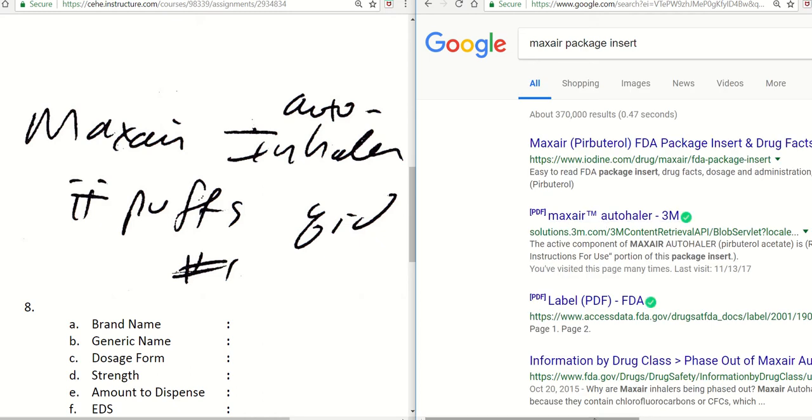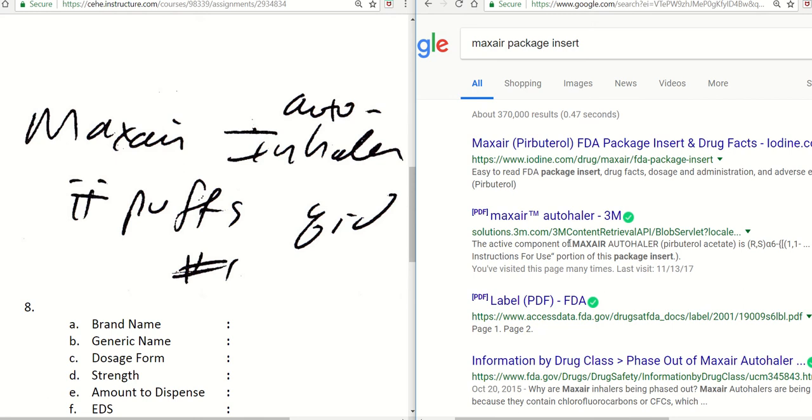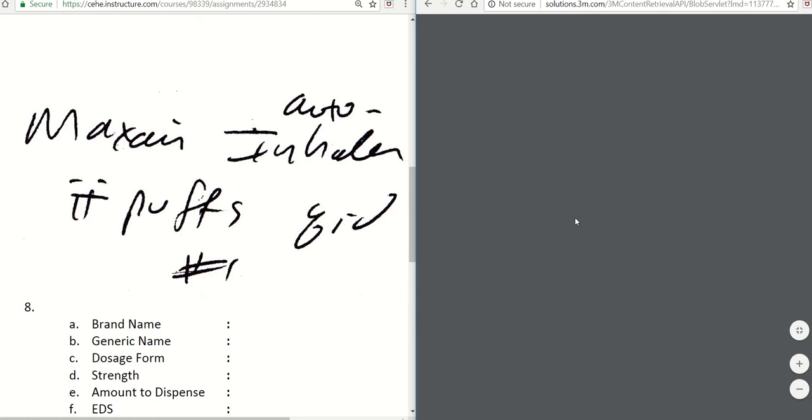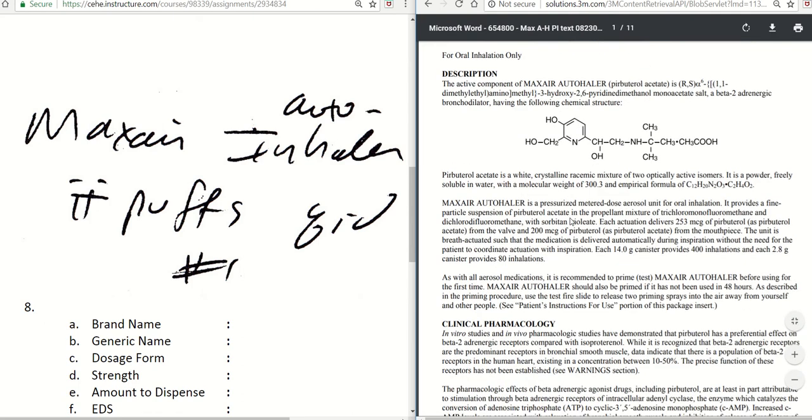Alright, so we got the generic name here, Prebuterol. I'll have to take a look at the labeling to find out how it comes, how many puffs.